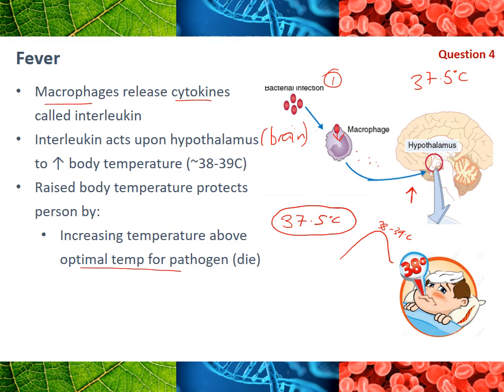Okay, so one way that fever helps is that it might make the temperature too hot for the pathogen, and the pathogen will die. And it goes within this kind of variation that humans can survive, but we don't want to be in a high temperature for too long. And if it goes too high, people can actually die from fever if you're going up kind of 40 degrees.